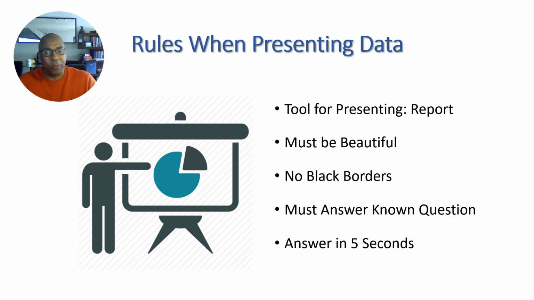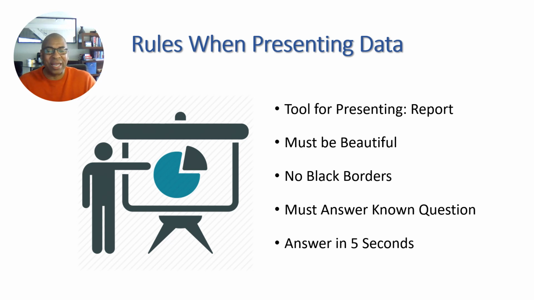Now, the tool for presenting is the report, and when we create a report, just know that it must be beautiful. And one key element for making reports beautiful is to remove black lines. Now, many of you have the habit of putting all of your data within black borders, but I want you to know that black borders reduce the beauty of your report, and it's also distracting to the brain.